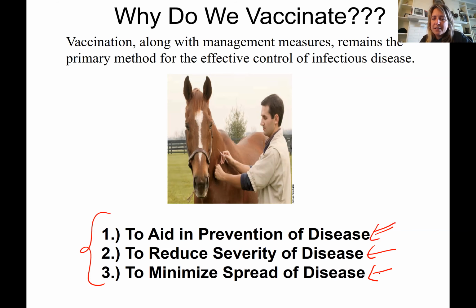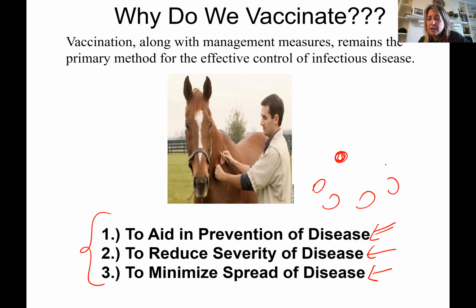And then to minimize the spread of the disease is what we call herd immunity. Herd immunity is very important, because say we have one animal here that doesn't mount a response, because just like other systems, the immune system is going to fail for some animals, or some animals cannot be vaccinated.